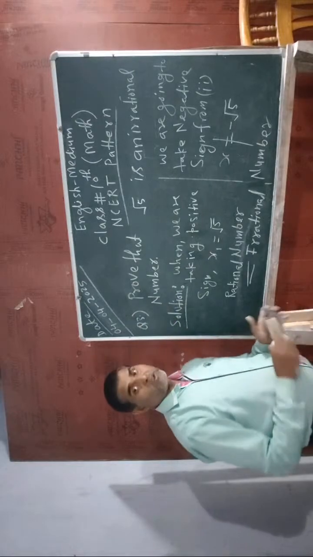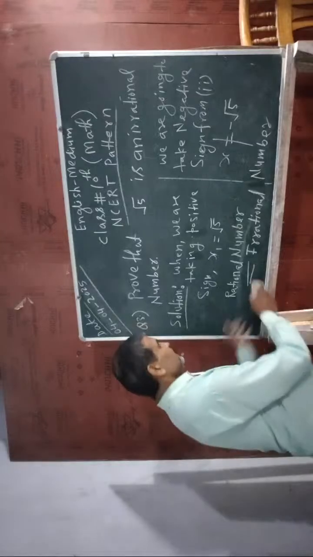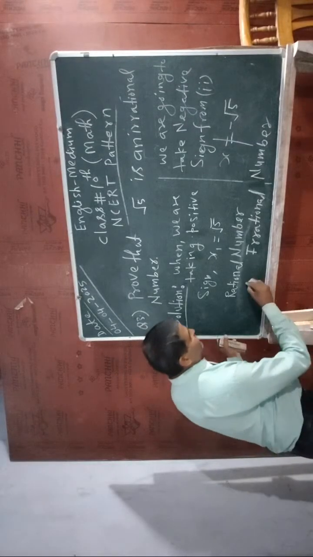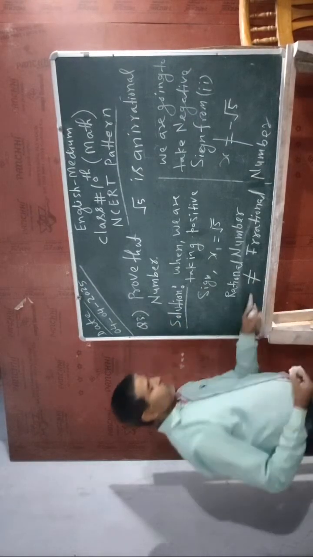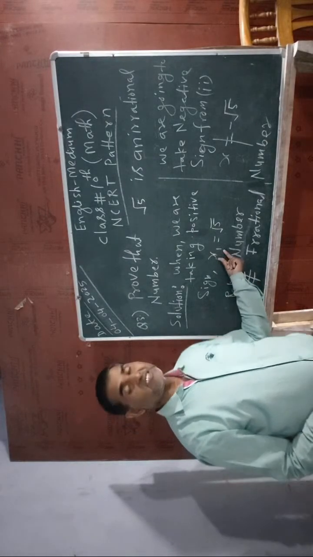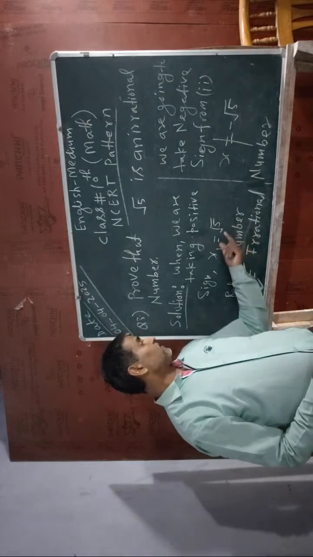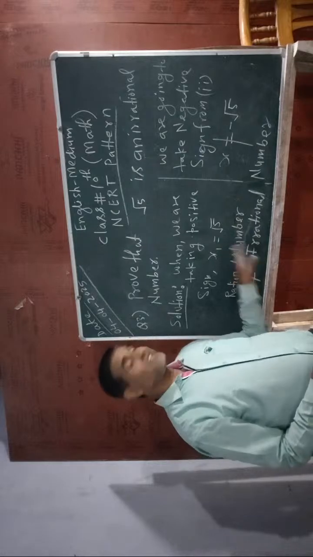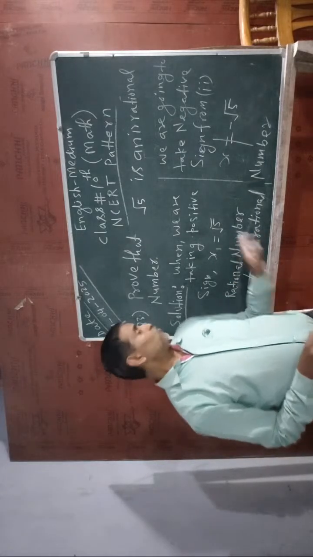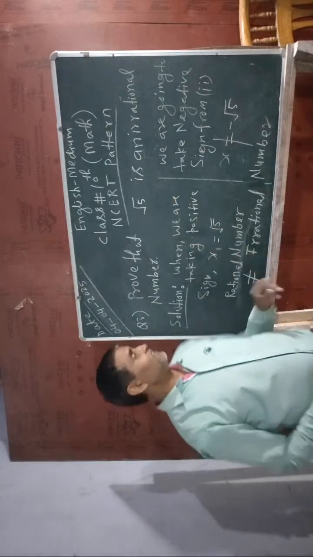Each and every student knows rational number is not equal to irrational number, means rational number and irrational number cannot be equal. So here I will cut, because left hand side is rational number and right hand side is irrational number, it cannot be true. It means that here contradiction is available.